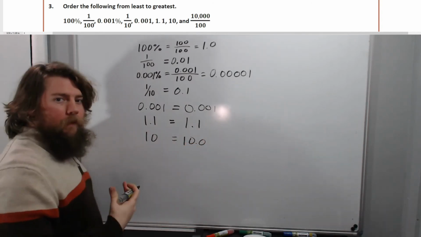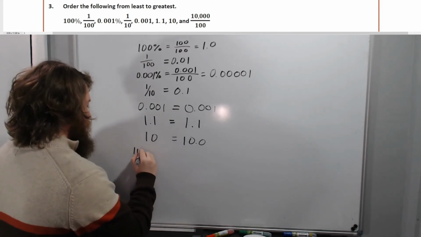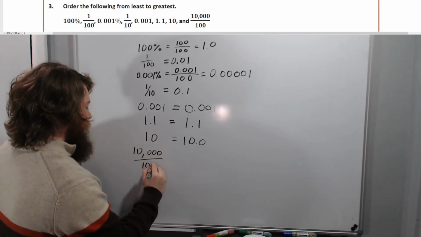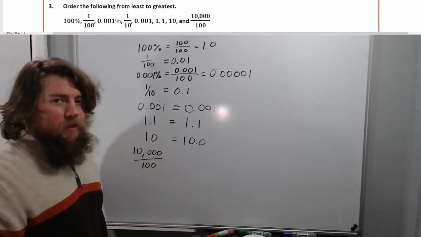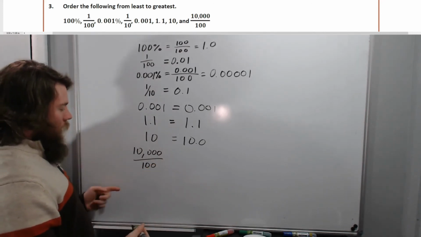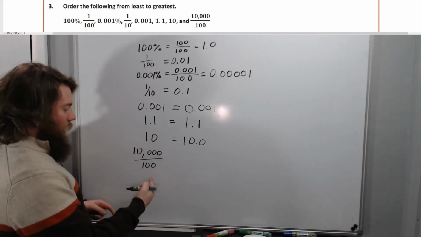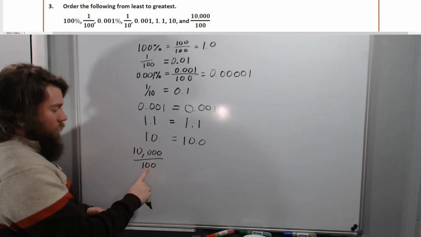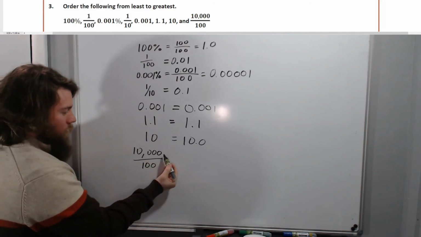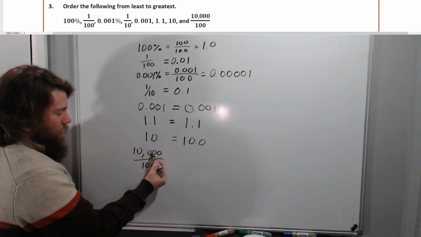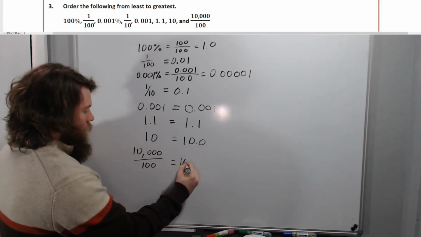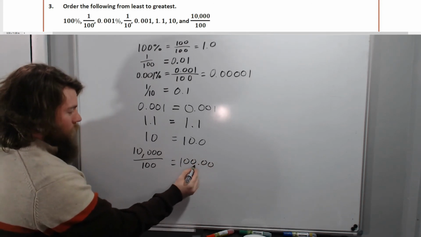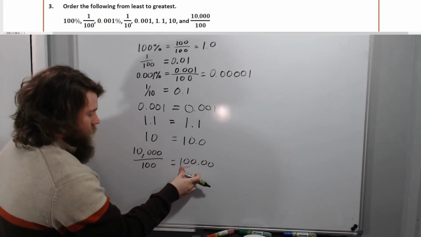The last one is 10,000 out of 100, so that's 10,000%. To turn it into a decimal, we're dividing by 100. So we move the decimal to the left 2 spaces, which gives us 100.